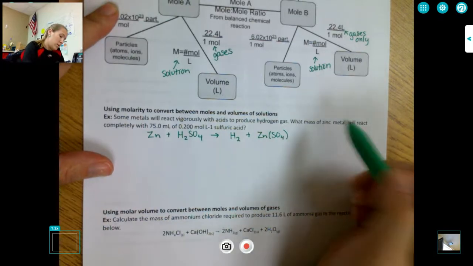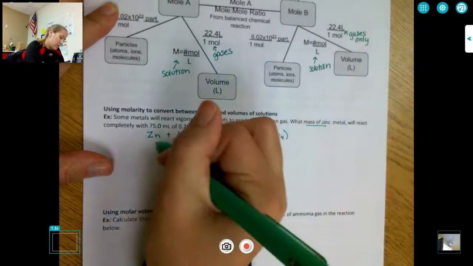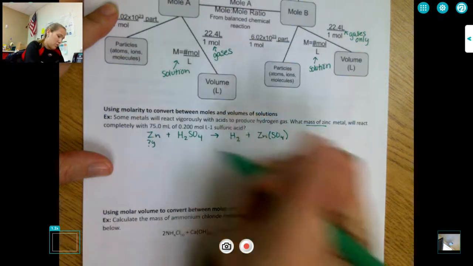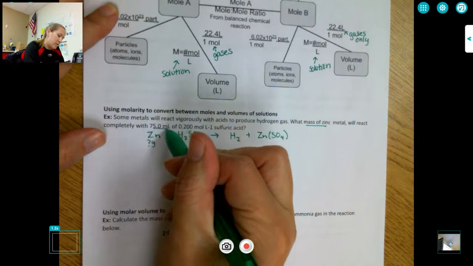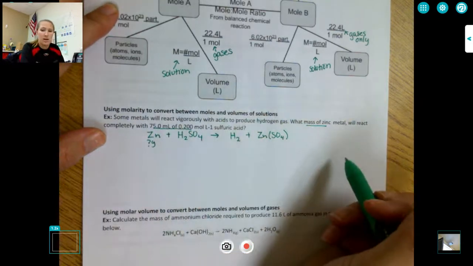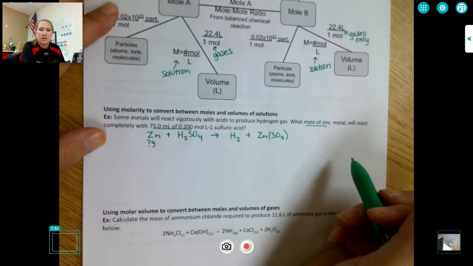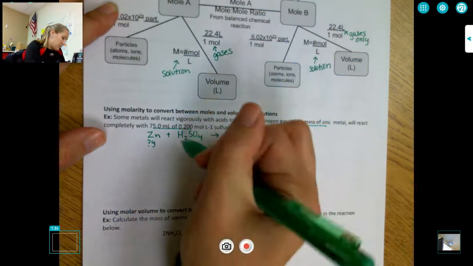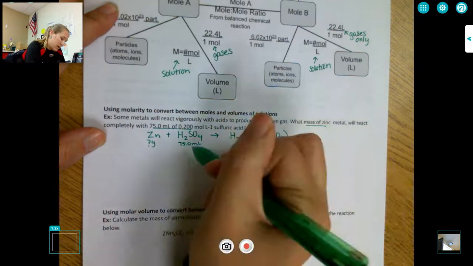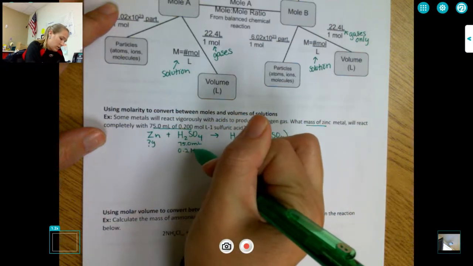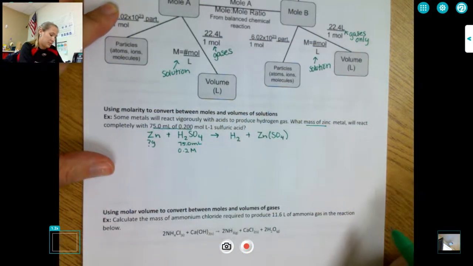We want to know the mass of zinc metal, so I want to know this in grams. Will react completely with, and then I like to write down my information given underneath the items in my reaction, because it helps me stay more organized. So I have 75 milliliters of 0.2 molar sulfuric acid.